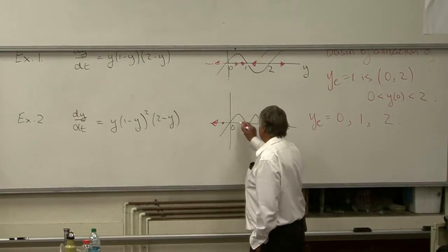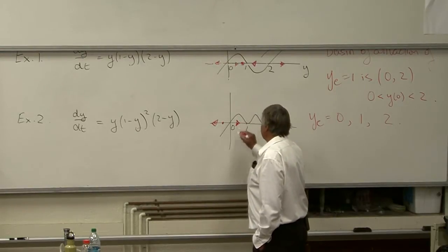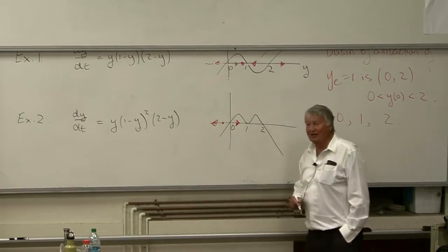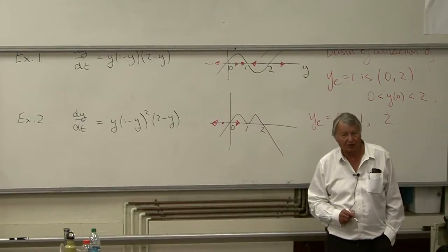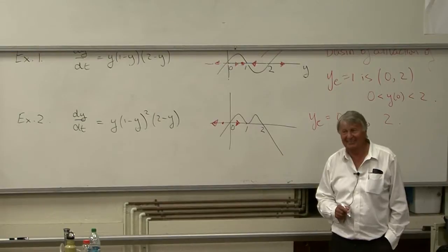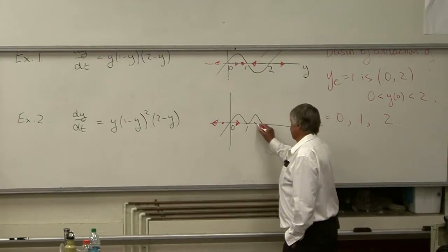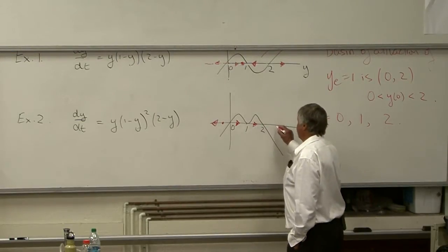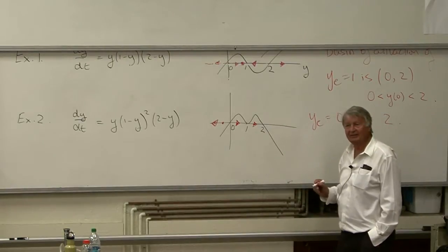To the right, correct. If I start between 1 and 2, which way do I go? And if I start out here, which way do I go?